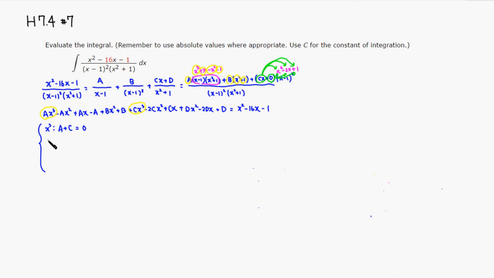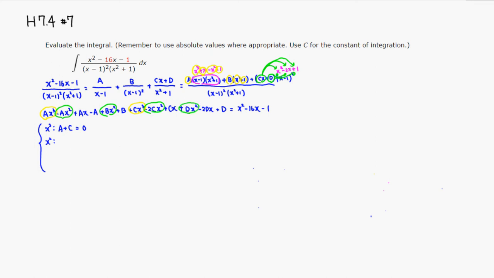Let's look at the x squared term. Here's a negative ax squared and a positive bx squared, and there's a negative 2cx squared, and there's a dx squared.